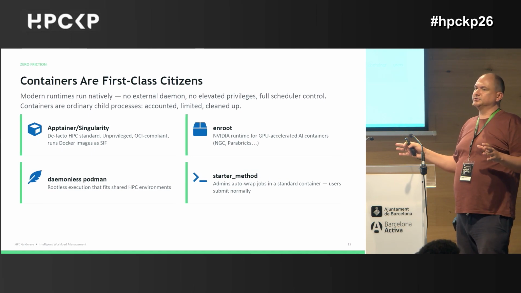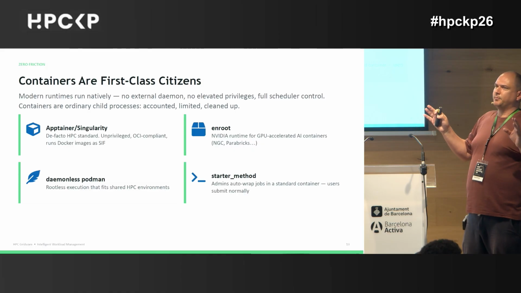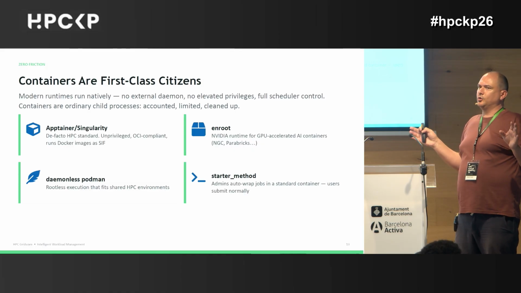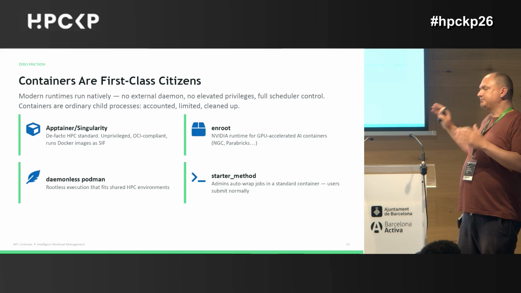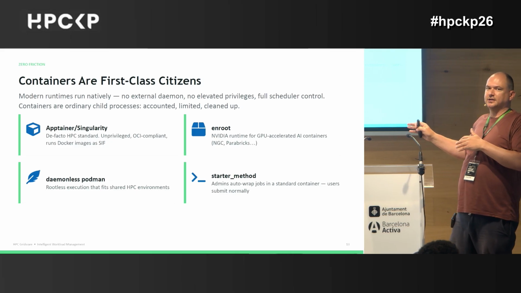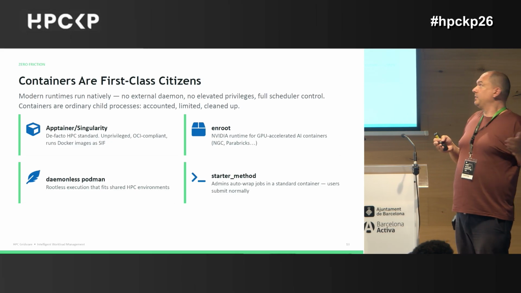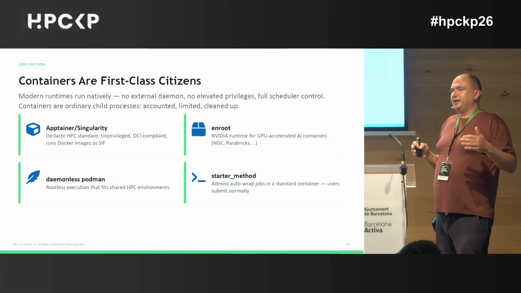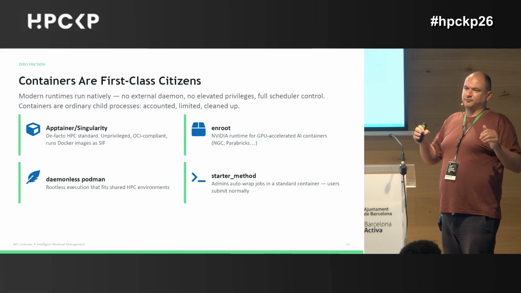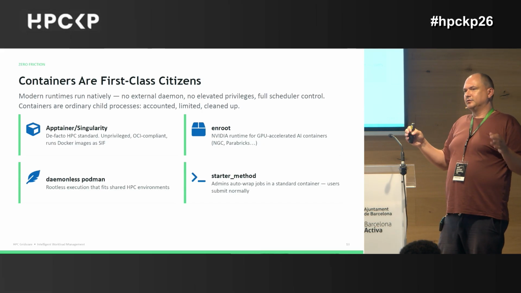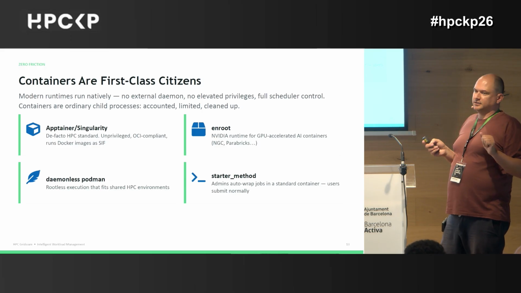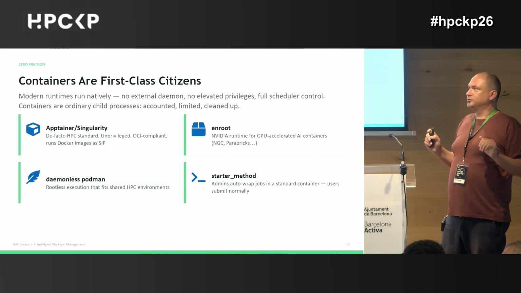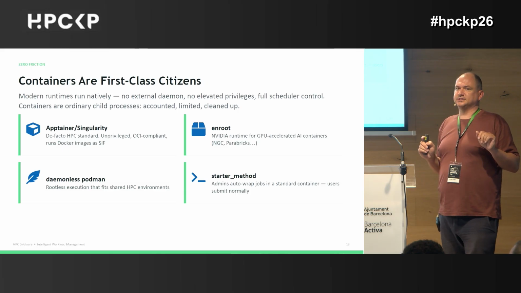They tackle the problem. So from our workload manager perspective, you actually don't need to do anything. You can just run Apptainer jobs in Gridware Cluster Scheduler without any problem. The only thing might be that it might be too complicated for the user to call apptainer run or whatnot, with all these parameters, but we have hook points. We have a lot of hook points, and one hook point is the starter method.